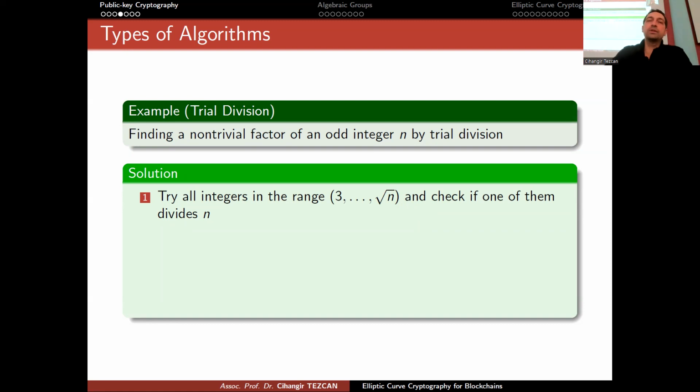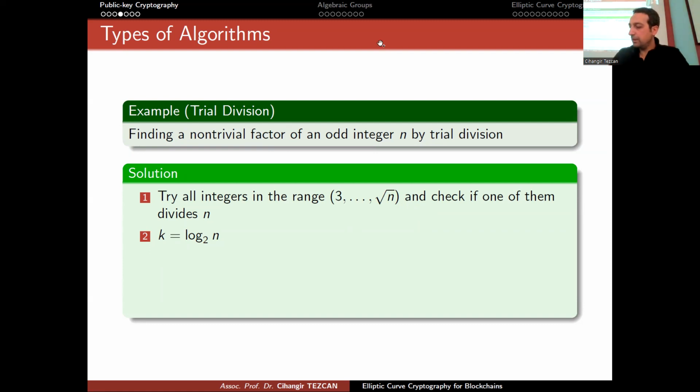So the question is, if I do that, how many operations do I need to perform, right? First look at how many bits this integer N actually consists of. If you calculate logarithm to the base 2 of N, the k actually means how many bits this number consists of. So when I say a 200 bit integer, this is what I mean. When you take the log 2 of that number, it will be 200, okay?